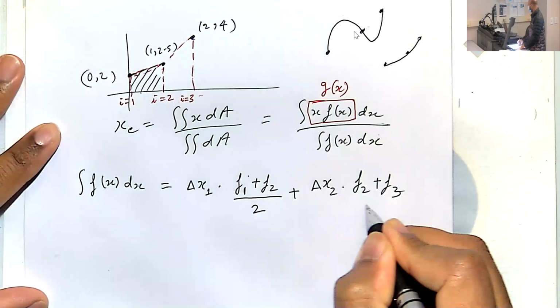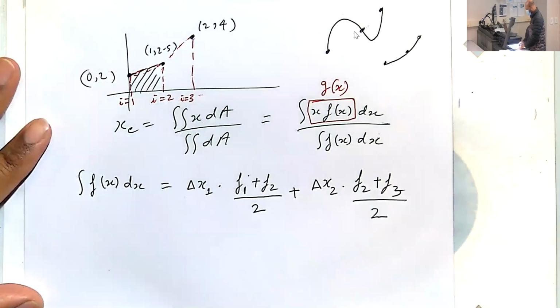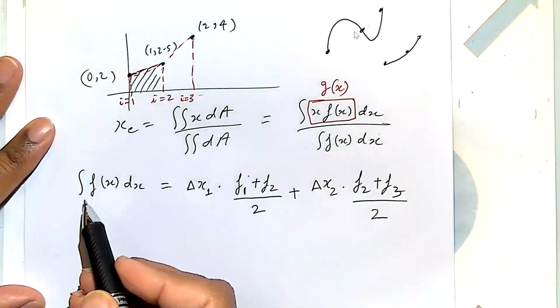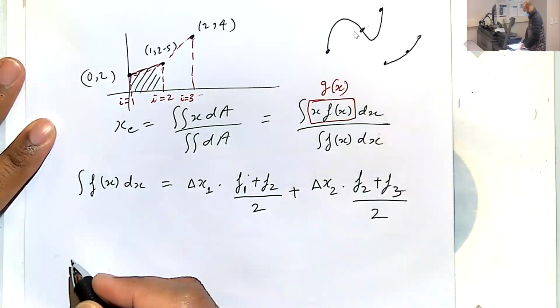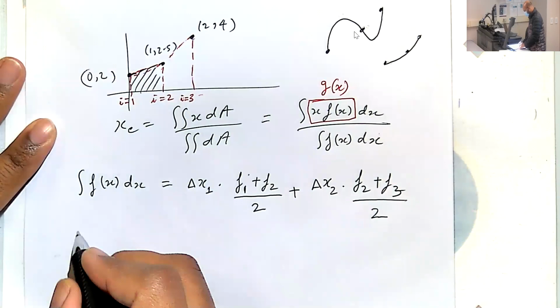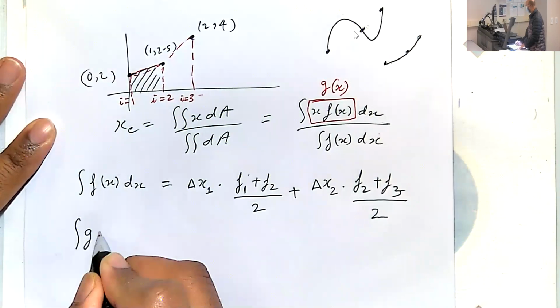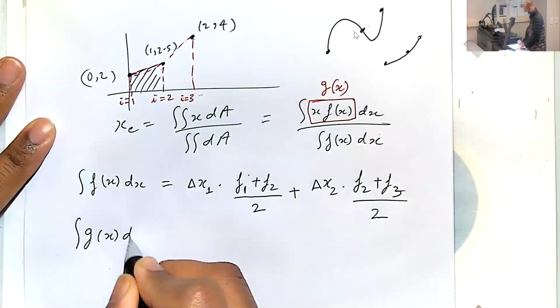That's basically it. So this is how you compute the area. So the integral will be the integral of g of x dx. All right, perfect. So now for the numerator, we just do this with g of x dx.